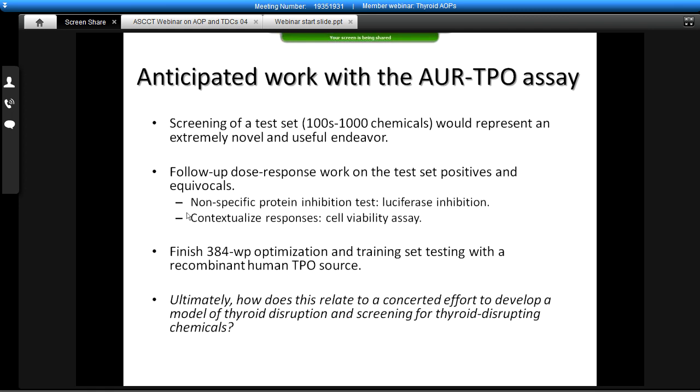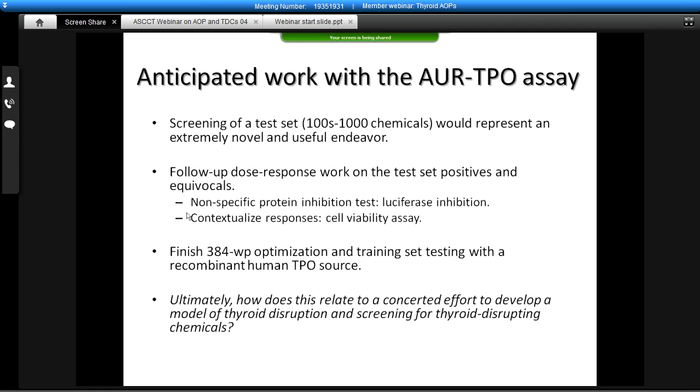So cell viability data will be critical. Since this is a biochemical assay, we can often obtain concentrations much higher than what would be tolerated by a living cell. So we might want to run a thyroid cell line or even just a HEK293T cell viability assay to contextualize this data and look for what's relevant.